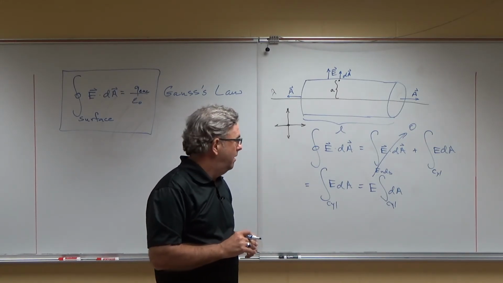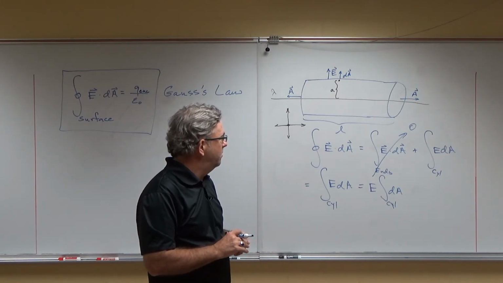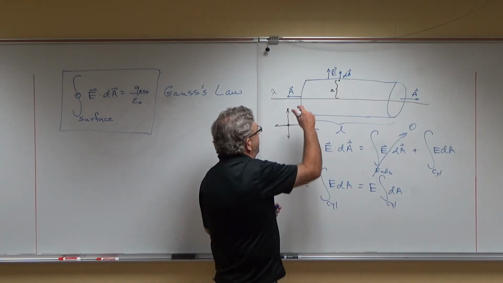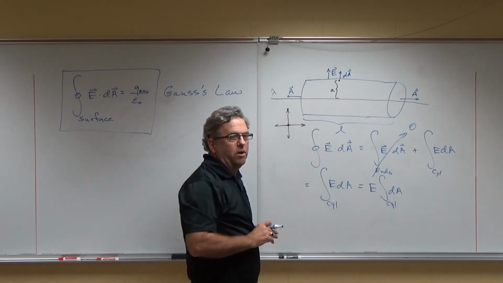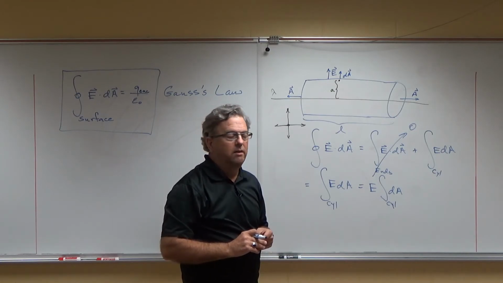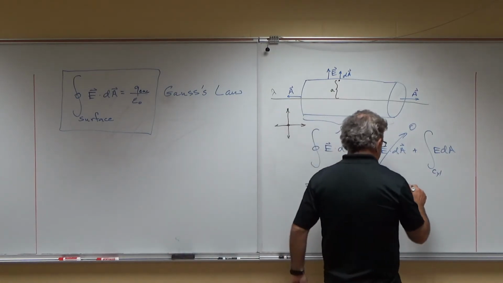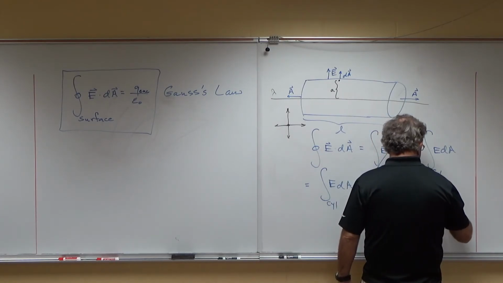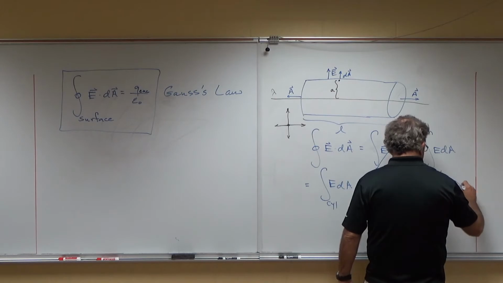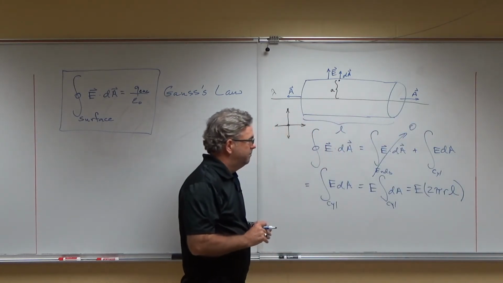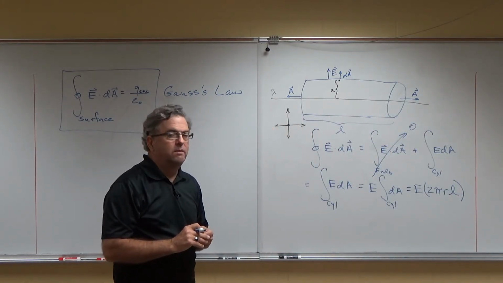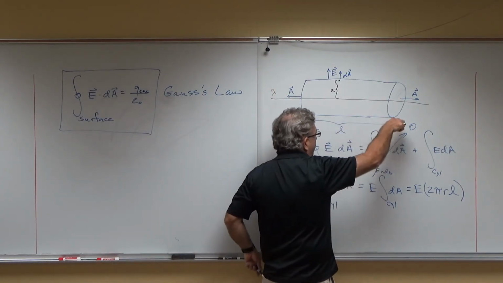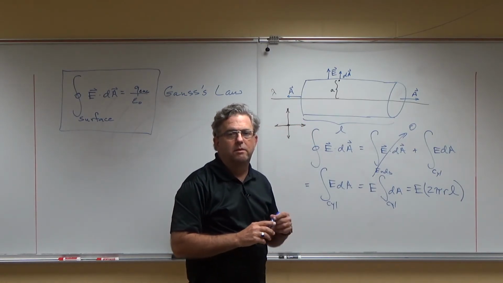That's just like stacking up a bunch of little circumferences, so it's 2 pi RL. This is equal to E times 2 pi RL.